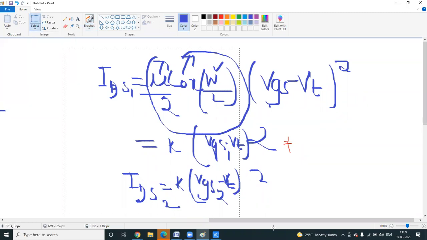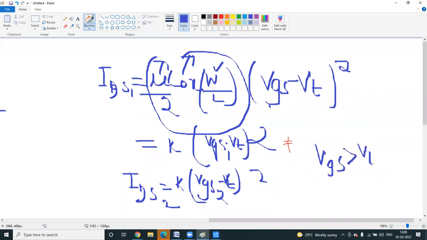Second condition: for this condition, is it a saturation current or a linear current? What is the condition? VG is greater than VT.